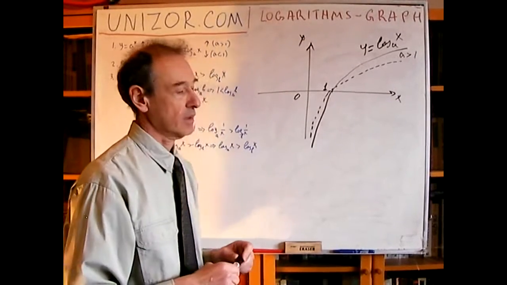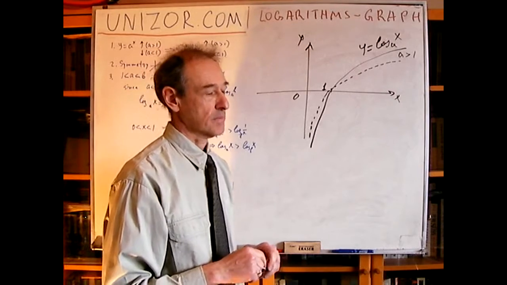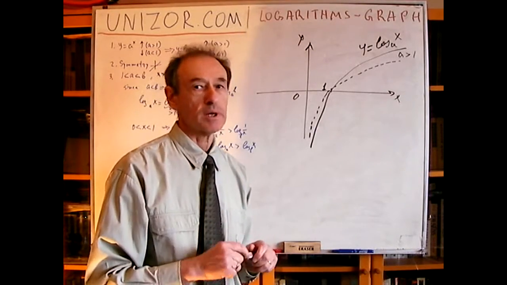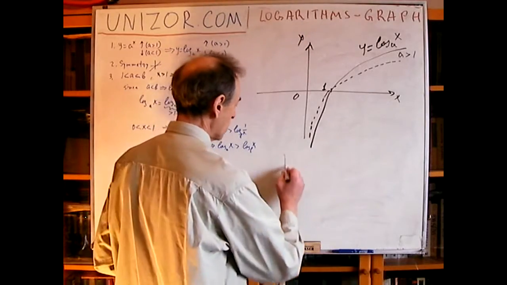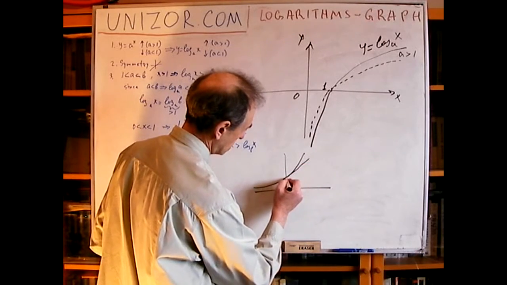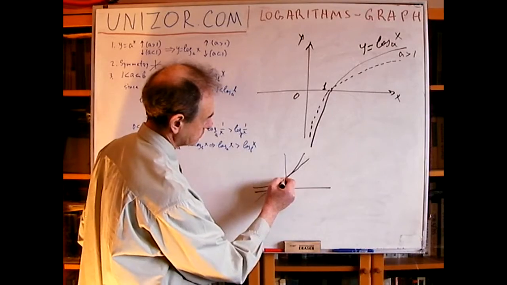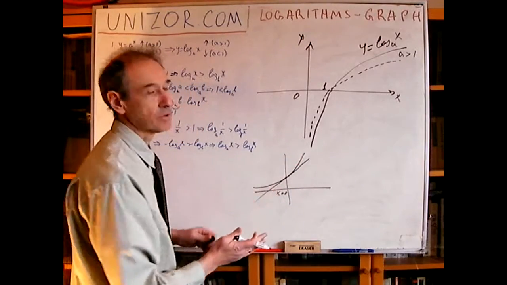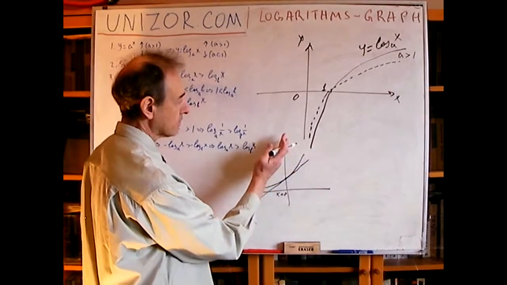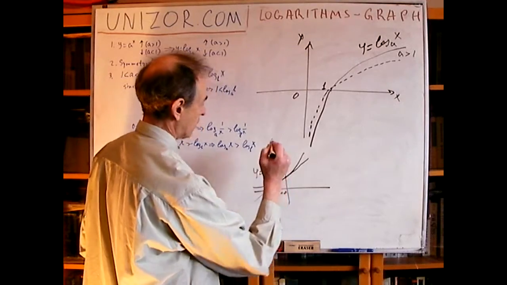There is one more very interesting detail about this. Some time ago, when I was talking about exponential functions, I was talking about the graph and the tangent at the point x equals 0. This tangent, for a greater base, this is a to the power of x.